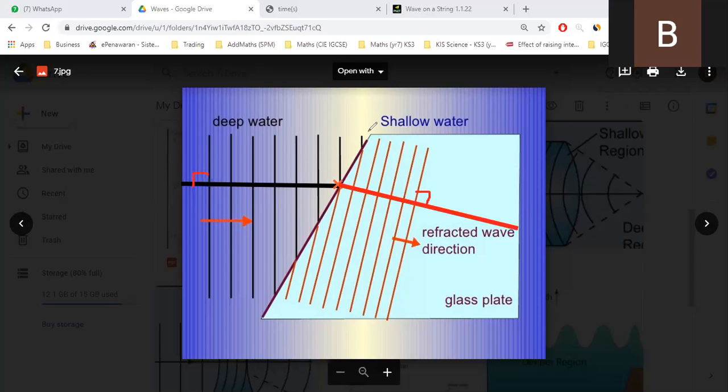Okay, and then where is the normal? The normal is always perpendicular to the surface. Okay, kind of like this, perpendicular to the surface. The cyan one is my normal.